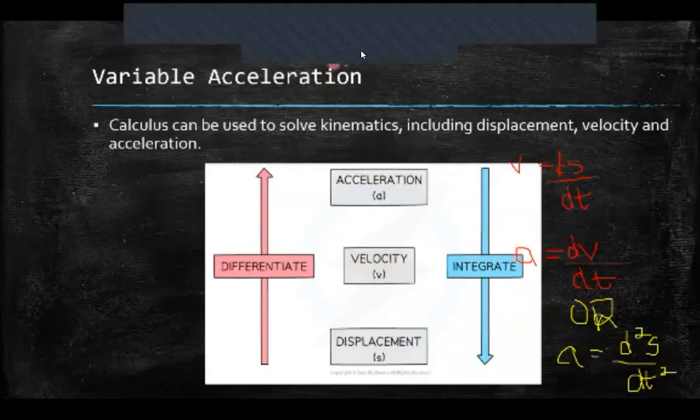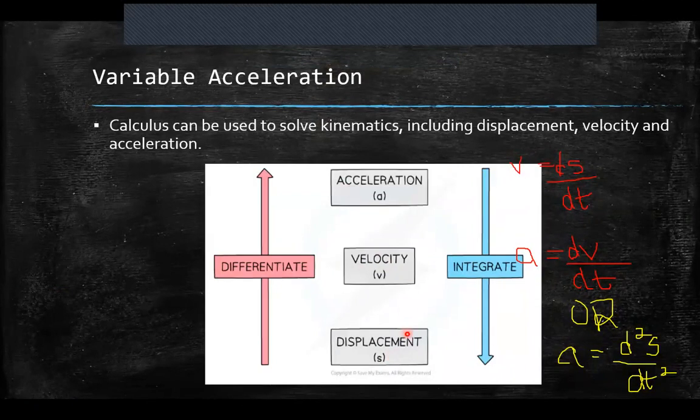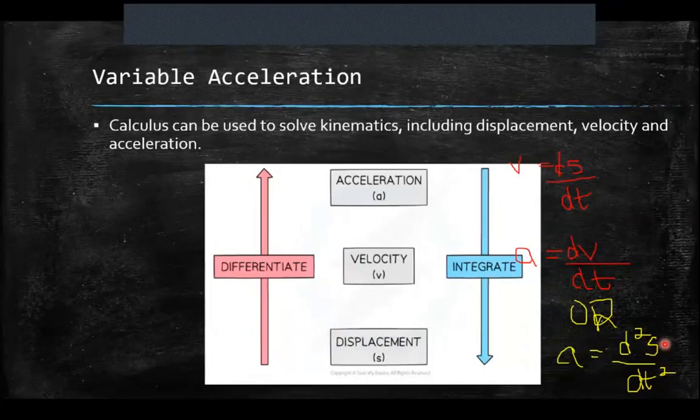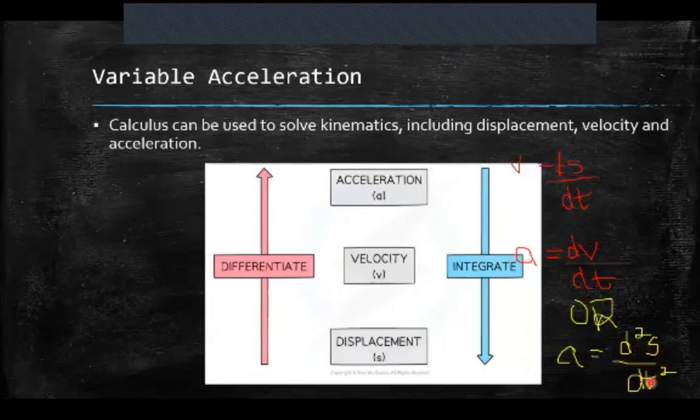But if they gave me displacement and I want to get the acceleration, there's no need for me to find the velocity and then differentiate again to find the acceleration. Why? Because looking at the diagram, from this jump to this jump is ds on dt, the first derivative. But if I differentiate again, that gives d2s on dt squared, the second derivative.